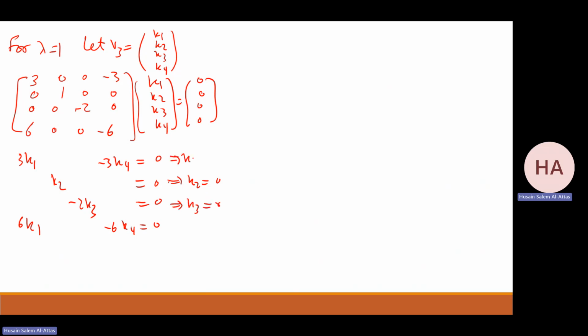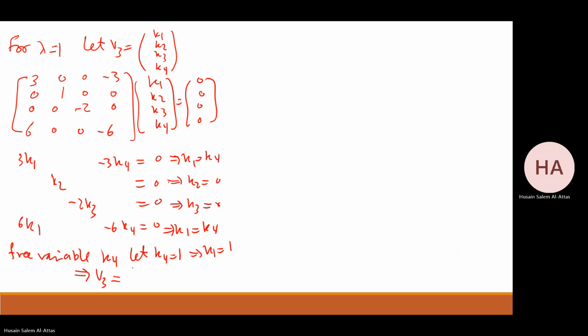Here I have k1 equal k4. And here the same thing, I have k1 equal k4. So my free variable will be k4. Let k4 equal 1. I have k1 equal 1. So it will be my v3. 1, 0, 0, 1. That will be my v3.